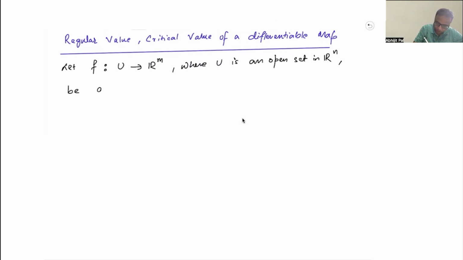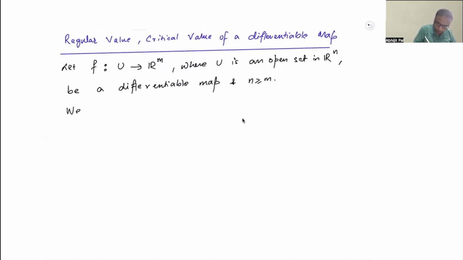So F is a differentiable map, and also let us assume that n is greater than or equal to m.